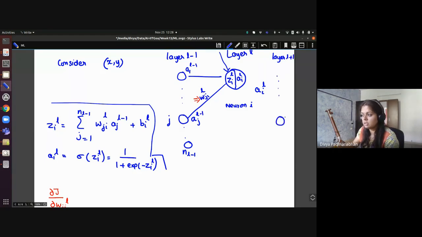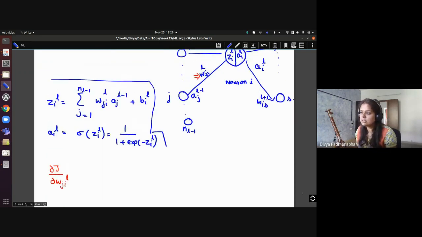So let me look at a particular neuron s, neuron s in layer L plus 1. Of course there are going to be weights everywhere, and this one is going to be W_is^(L+1). So all these neurons in the next layer are going to depend on A_i^L, which in turn depends on Z_i^L, and which will in turn depend on W_ji^L. So that's the way the information goes, and that's how the derivatives will matter.